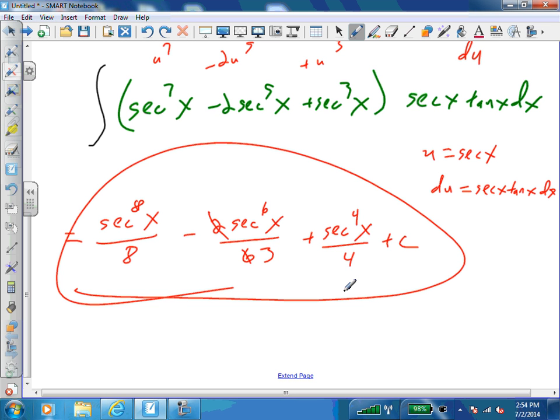An odd number of tangents, I can pull out one tangent, one secant, and let everything else be secants.